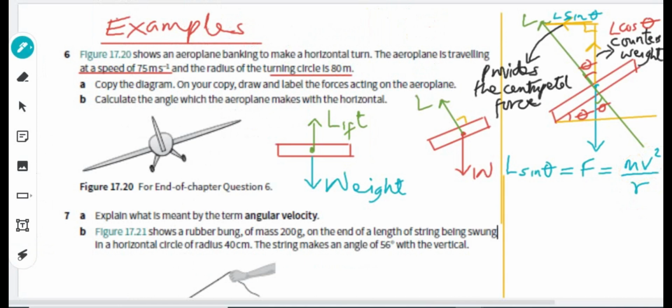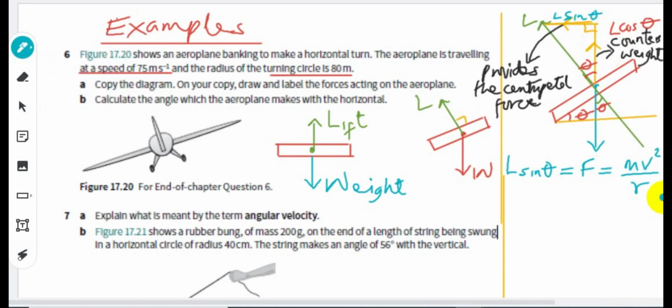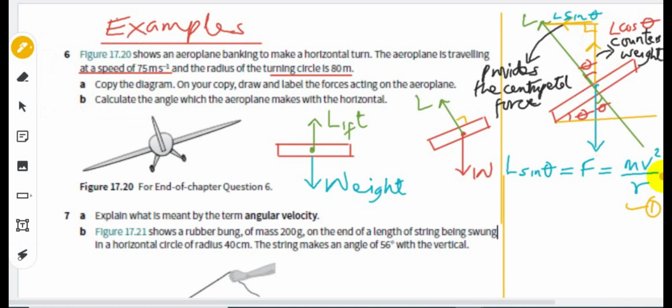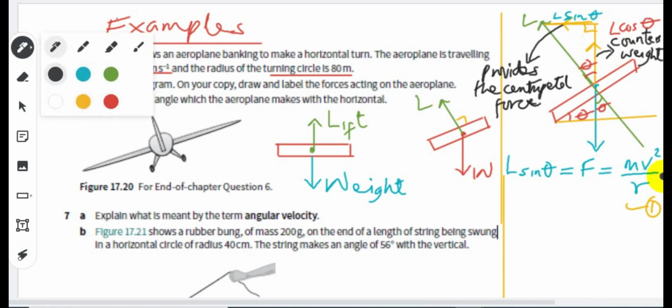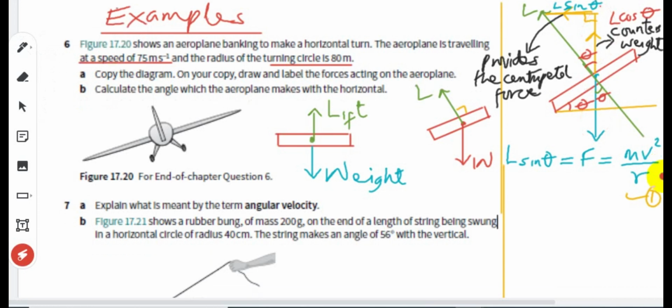I also said earlier that there's another component which counters the weight, in other words, balances the weight. By the way, we might want to call this first equation, equation 1. Then we establish another equation, the one where this component of the lift counterbalances the weight.